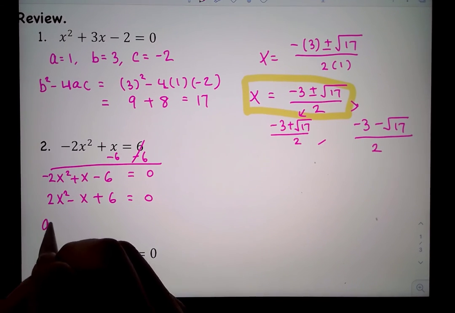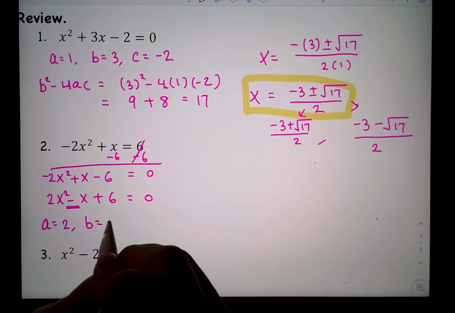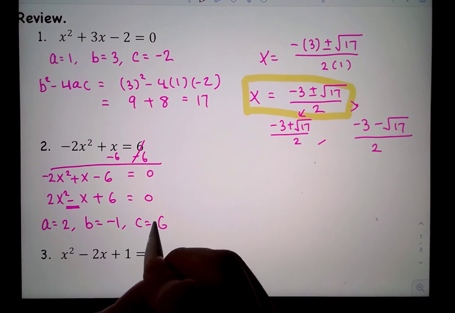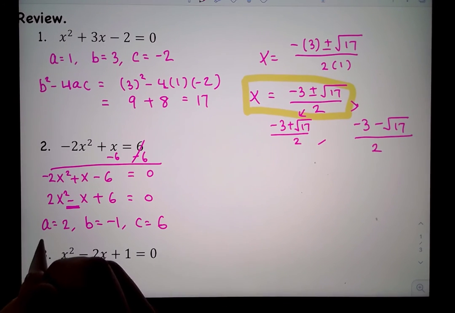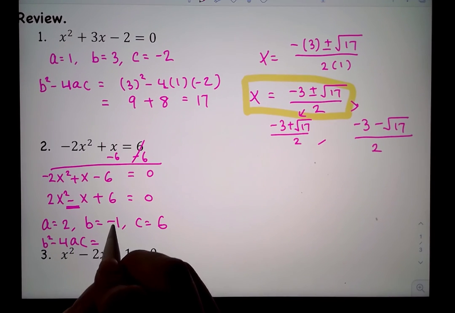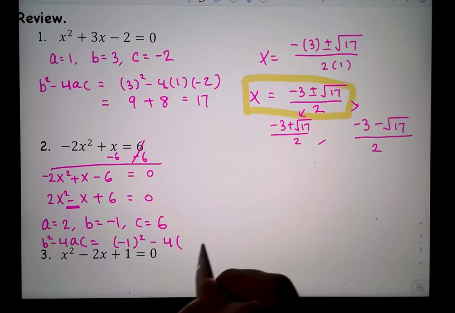My a is 2, my b is negative 1, and my c is 6. Then b squared minus 4ac. That is my b, negative 1, so negative 1 squared minus 4ac.